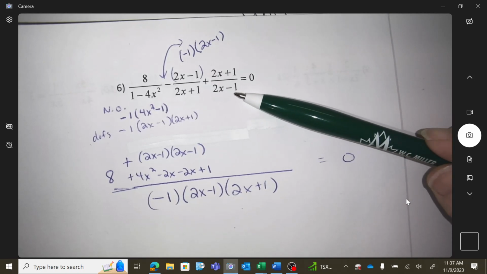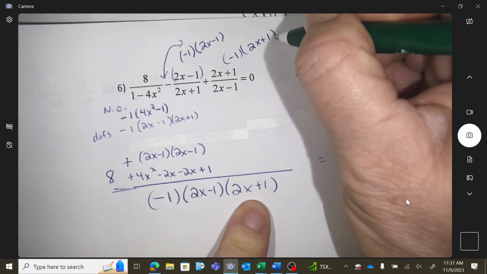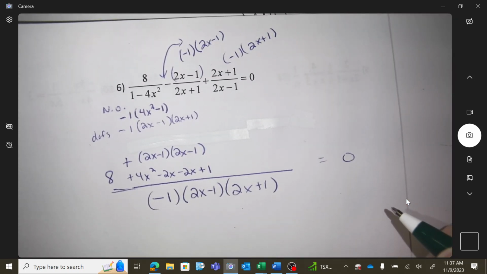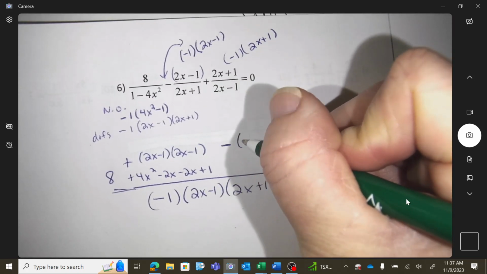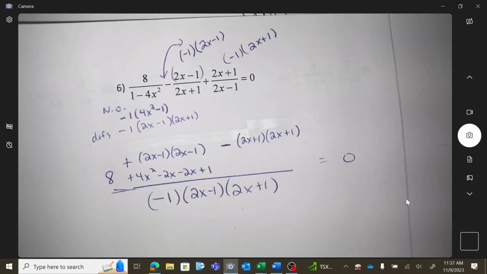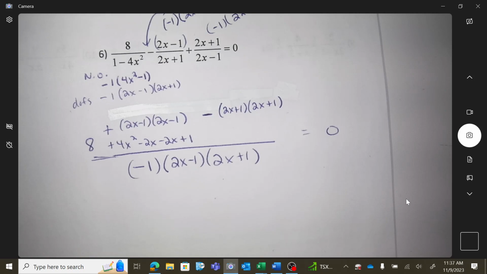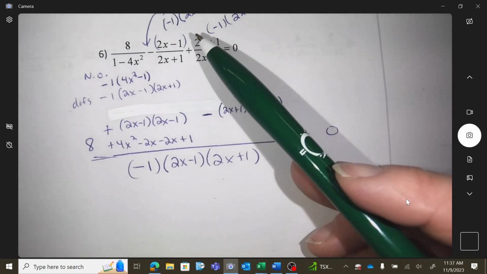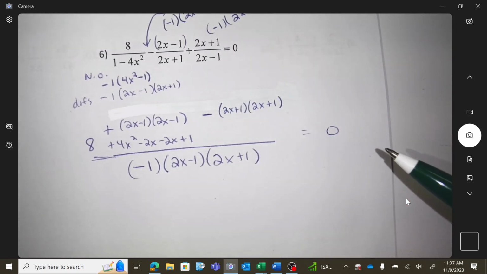Okay, I'm ready to go to my last fraction. So I look at the bottom. I'm going to have to do a -1 and a 2x plus 1. So this would be a minus. Okay, so that's why a minus, because it was adding, but then I negated everything.